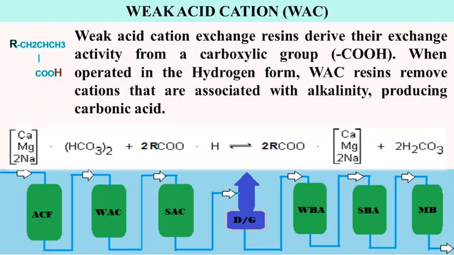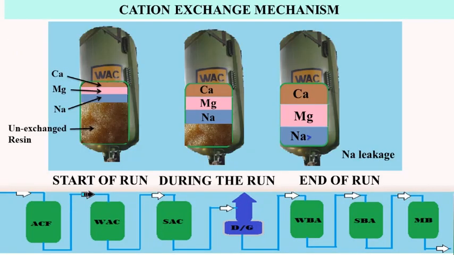There may be a slight limitation, and WAC has high regeneration efficiency in comparison to strong acid cation resins, and this reduces the amount of acid required to regenerate the resin, so reducing the waste acid and minimizing disposal problems.